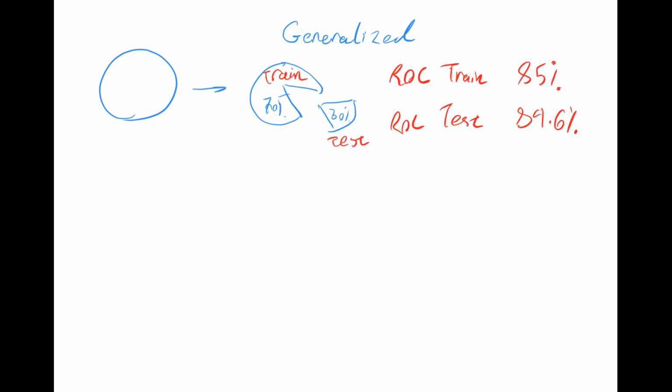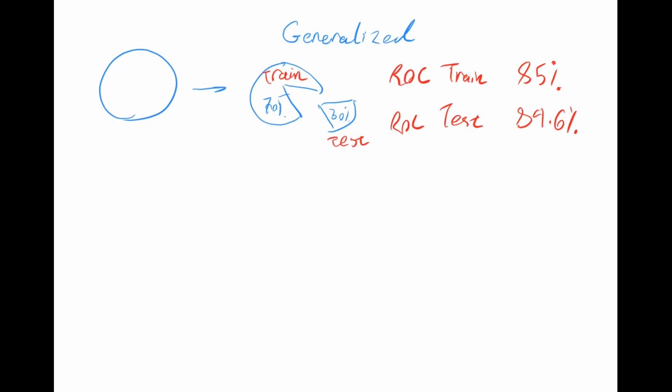So it gives you some confidence that although you use your train set to train an algorithm, when you have a test set, you can generalize your model from the train set to the test set.